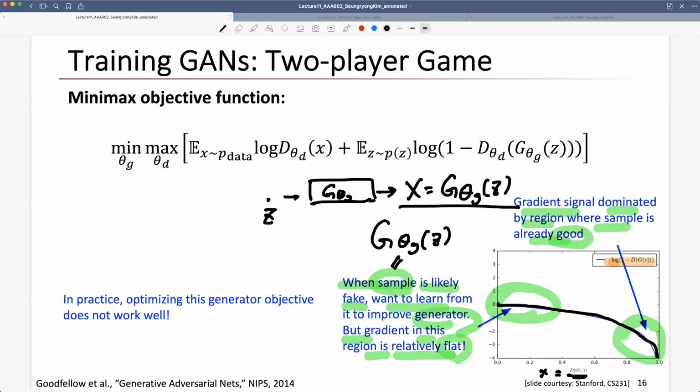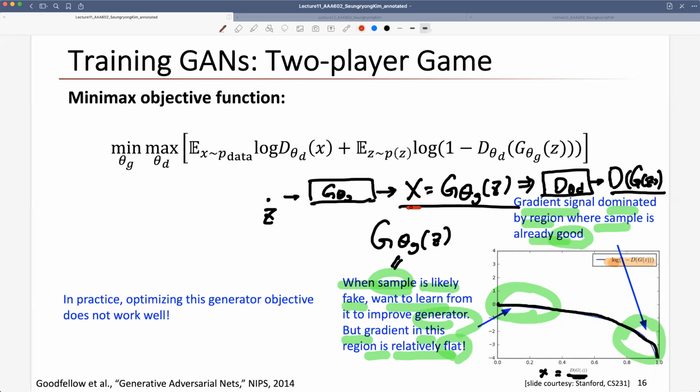From this generated image, we can use the discriminator theta_d to make a probability D of G of z, like this, right? So we can think like that.